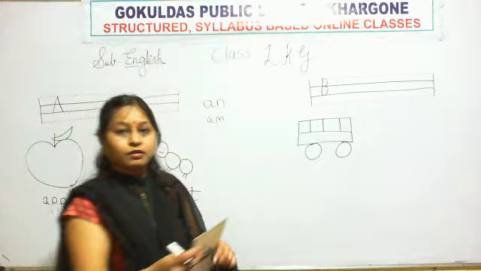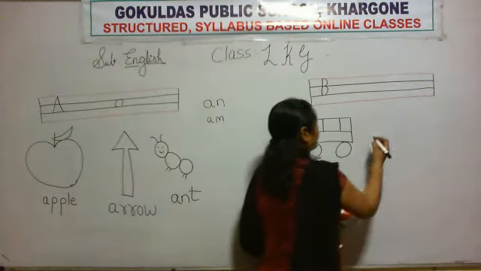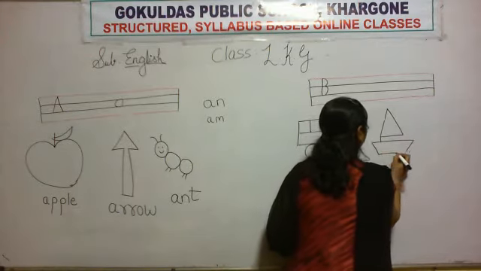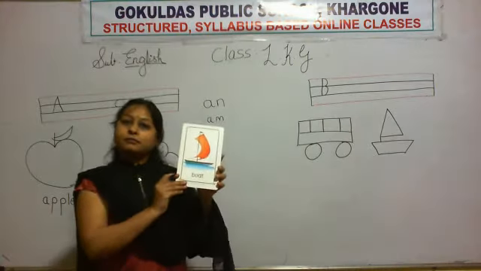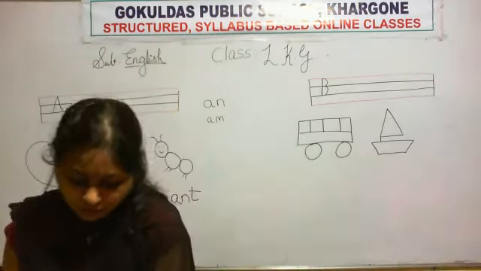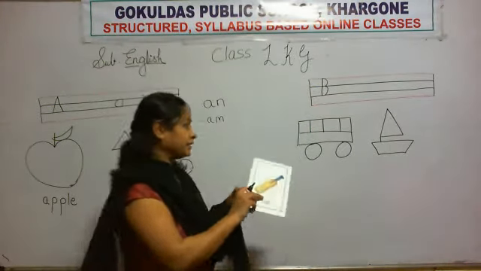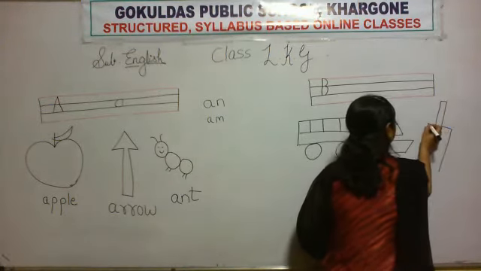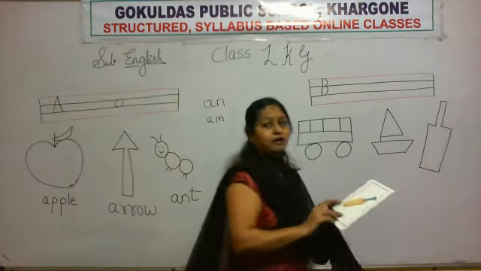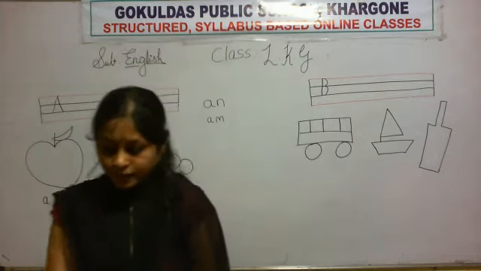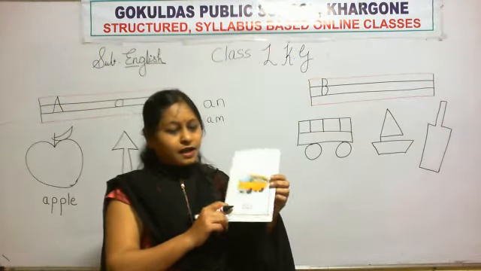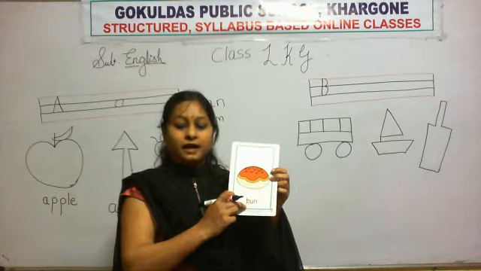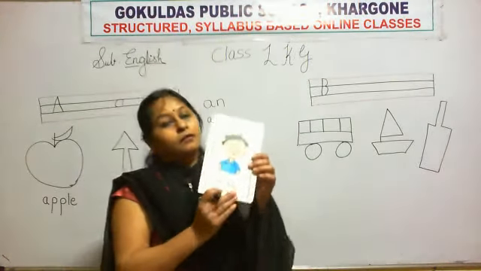Okay. B for boat. B for bat. B for bun. B for brother.